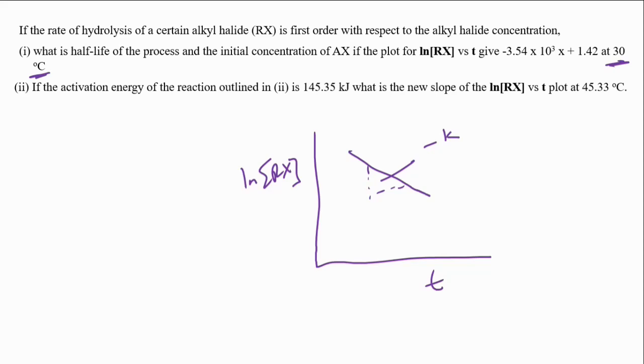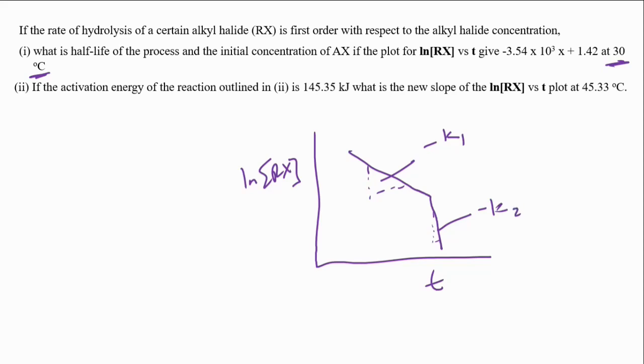What if you increase the temperature to 45.33? The slope of this line would change. So this is what would happen. You get a different slope. This slope also is equal to minus k. So you'll have two different rate constants, k1 and k2.